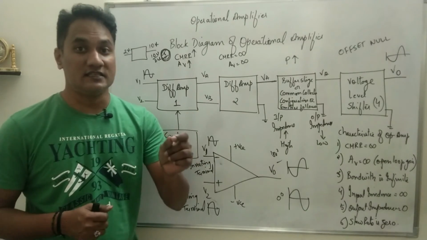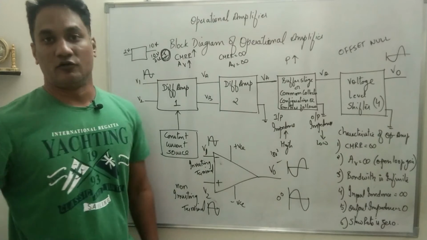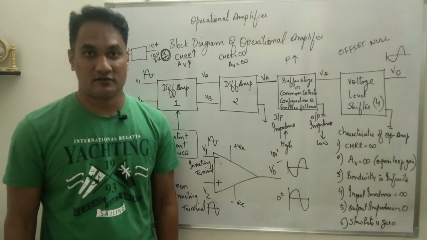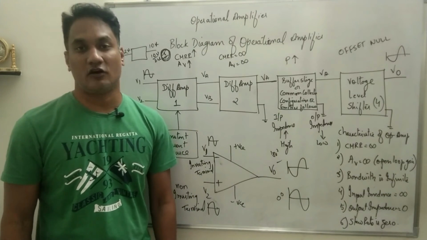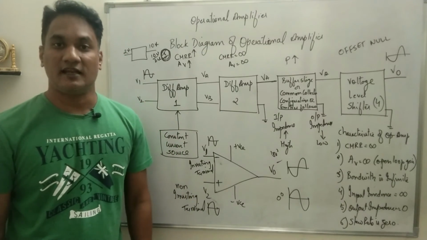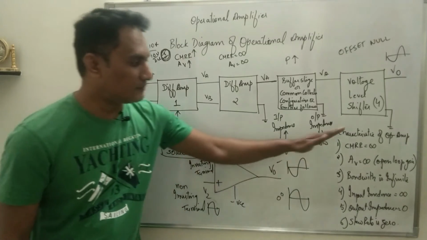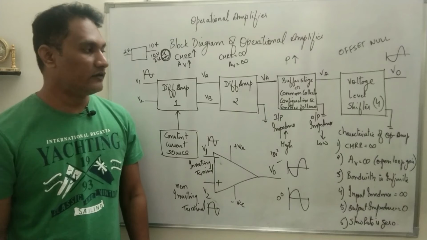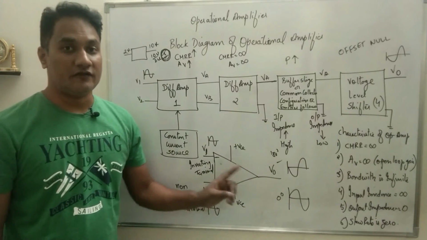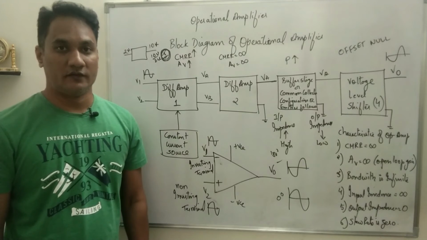Slew rate is 0. That means when the input is changed, immediately the output changes. Okay, so that should be the property, or the ideal characteristic, of your operational amplifier or of any amplifier you design. So these are the basic 6 ideal characteristics of the operational amplifier, which are very, very important. Okay, I hope you have understood.